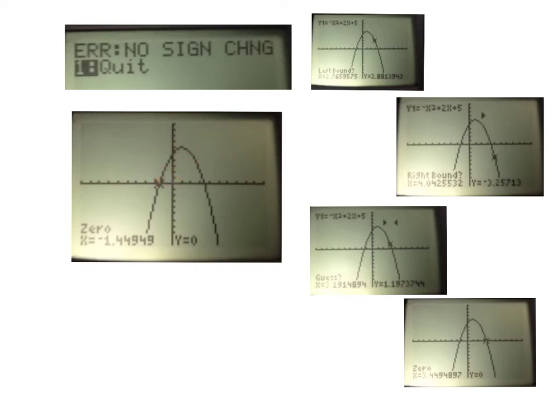Okay, if I chose correctly and I picked left bound here, right bound here, it tells me my 0 is negative 1.44949. Now I need to find the second 0. So I'm going to go ahead and use the same method, so I would press second trace, choose 0 again, and it's going to ask me left bound.